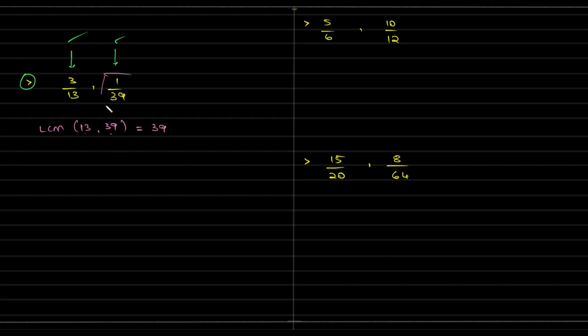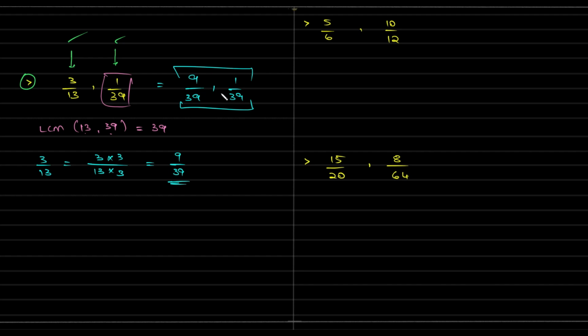Since one of the numbers is already 39, we need not touch that. We just have to take the other number and multiply both the numerator and denominator with a suitable number, and thus you have 9 by 39. And thus this question converts to 9 by 39 and 1 by 39 as your like fractions. That's it.